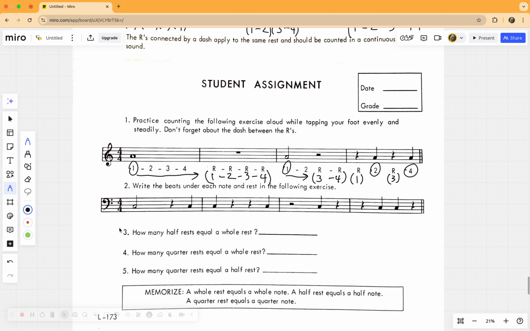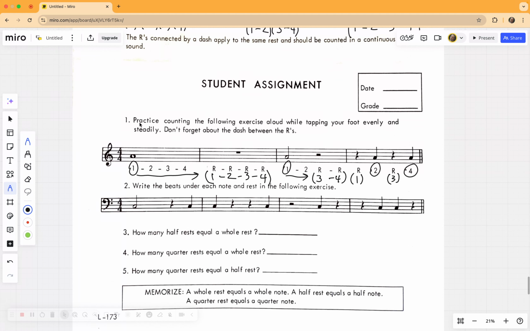Let's try it again. Ready, set, here we go. 1, 2, 3, 4. All right, that was a pretty good one.